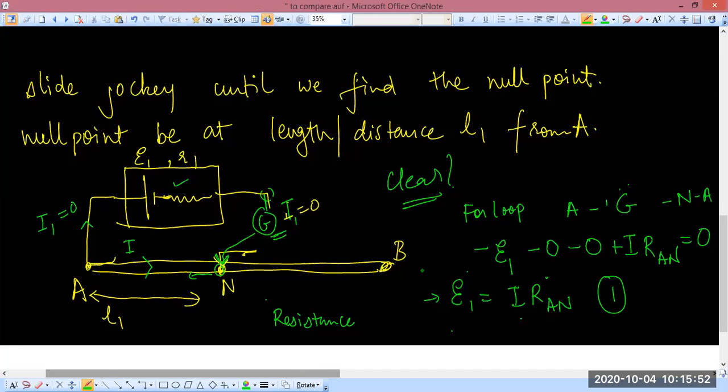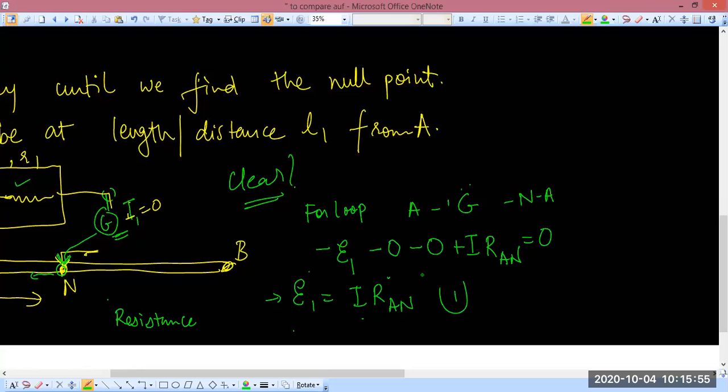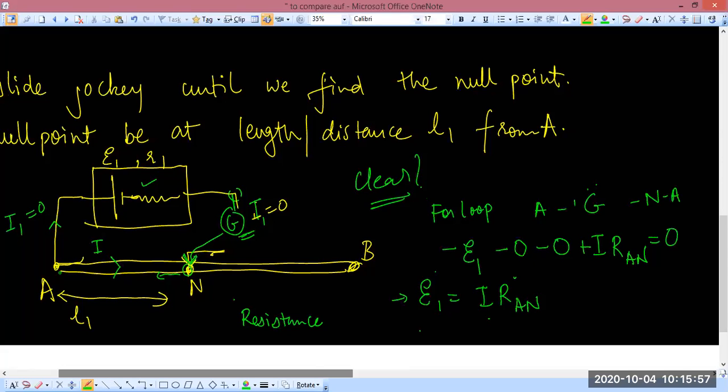See, there is actually one more way to write this. Look at this. AN is a part of wire.